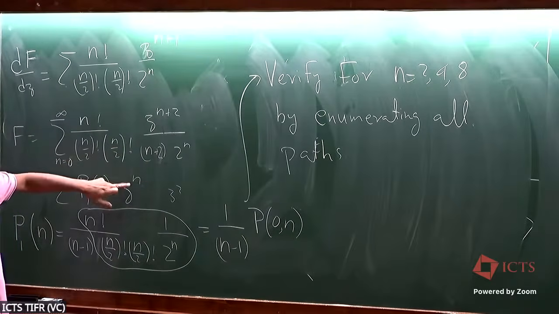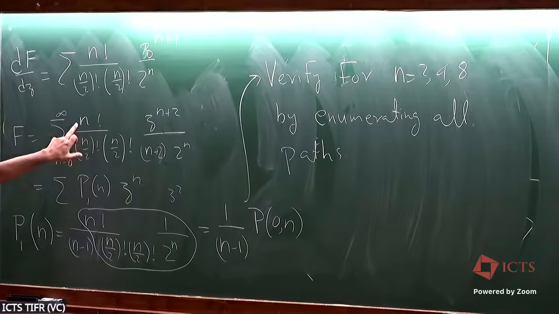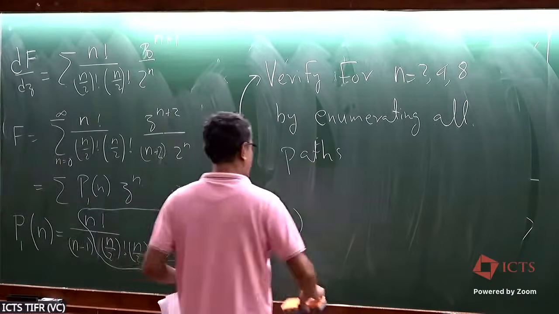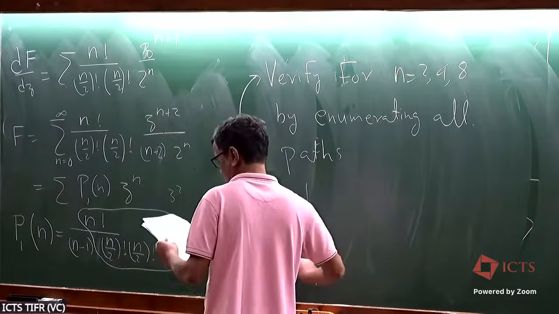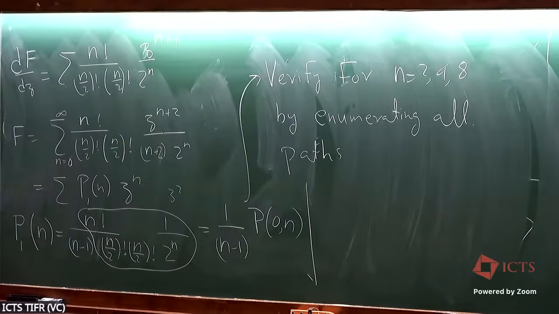So Zn should have a factor, but you have to work out things a bit carefully. Let me just check my notes. N factorial, n plus 1.